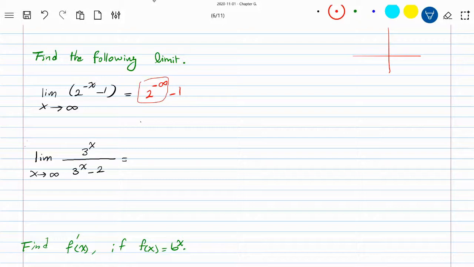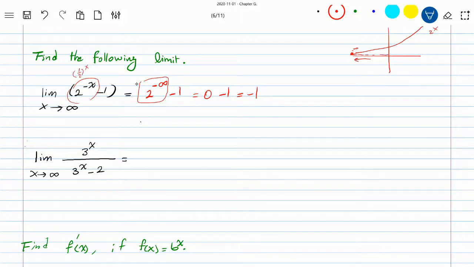If we had 2 to the power x, this would have been the curve 2 to the power x. 2 to the power negative infinity means letting x approach negative infinity. You're replacing x with negative infinity. What is the behavior of the function? The y value approaches 0. So basically this means you have 0 minus 1, which is negative 1. Or you can look at the limit and rewrite this as 1/2 to the power x, because that's the same as 2 to the power negative x.